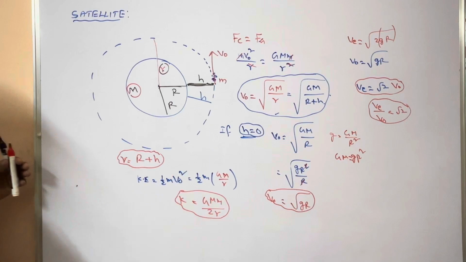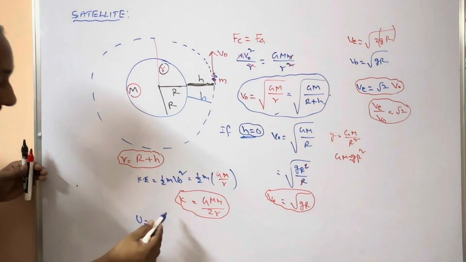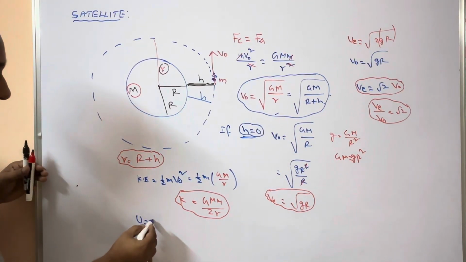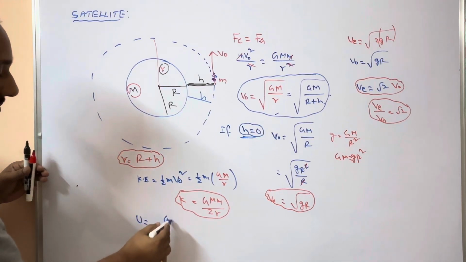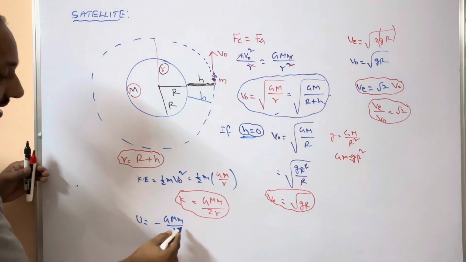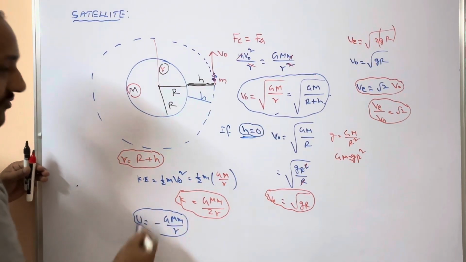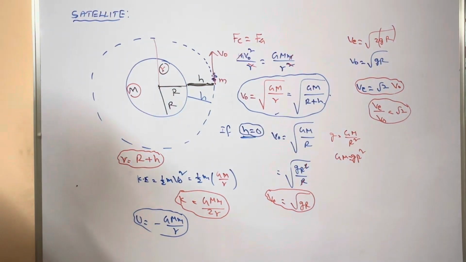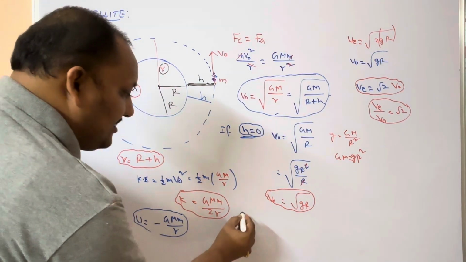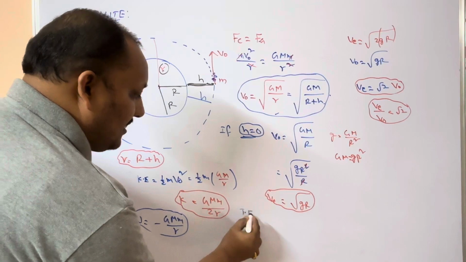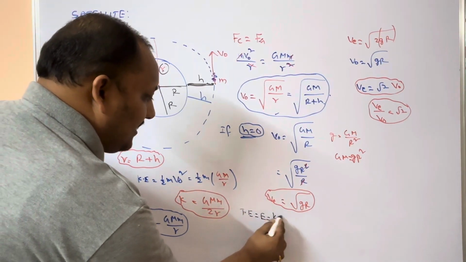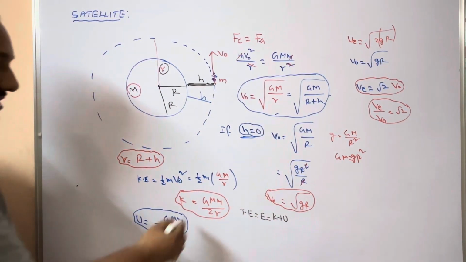Now what is the potential energy? The gravitational potential energy we already came to know is minus GMm by small r. Then what is the total energy of the revolving satellite? Total energy is equal to kinetic energy plus potential energy.